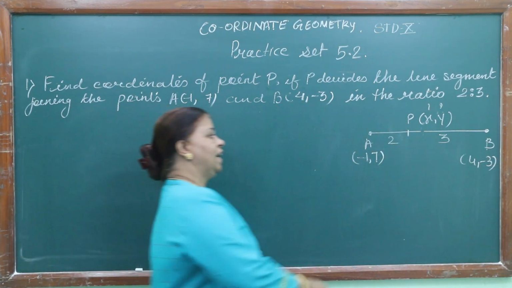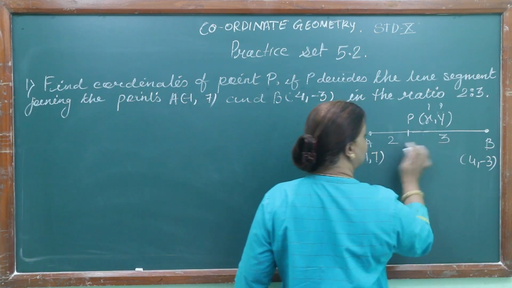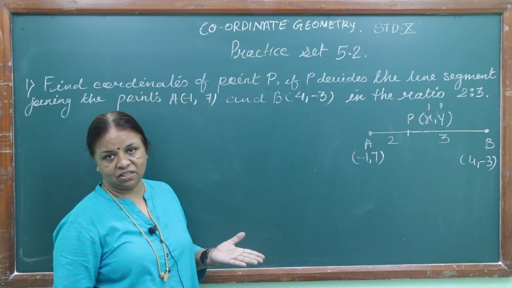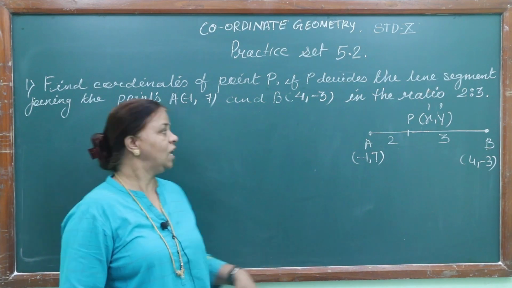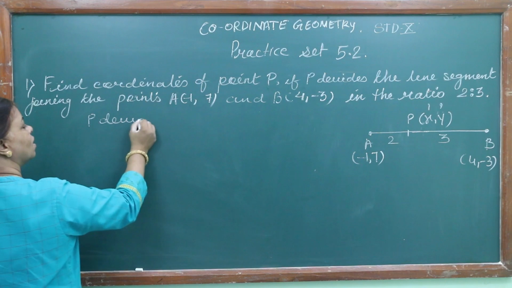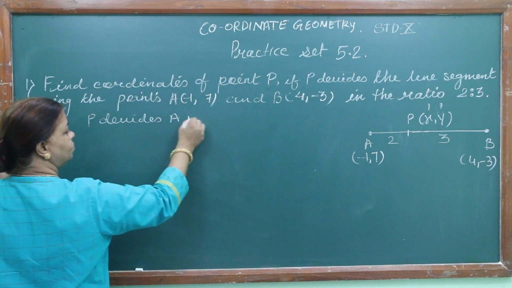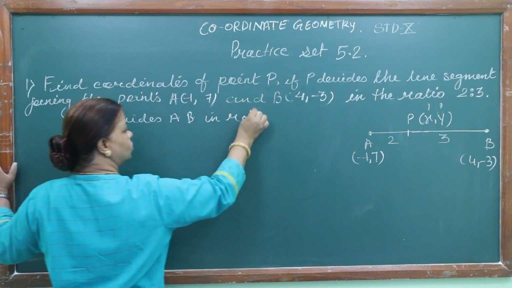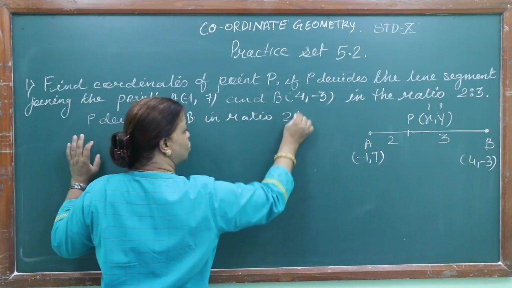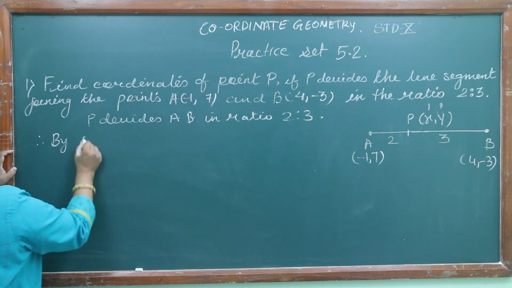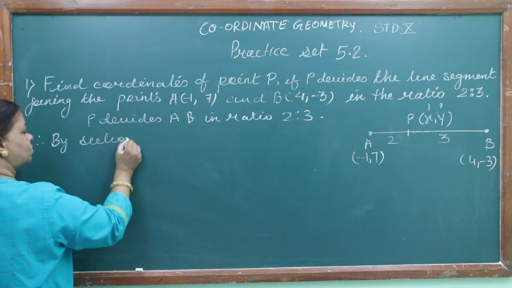If any point divide any line segment in the given ratio and the given ratio is 2 is to 3, then definitely, children, we will be using the section formula. So P divides AB in ratio 2 is to 3, therefore by section formula.